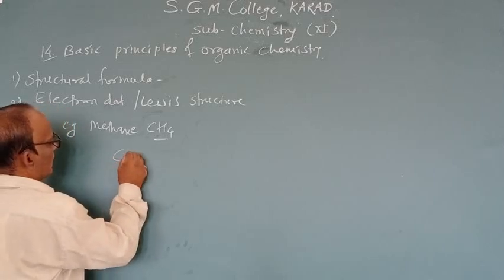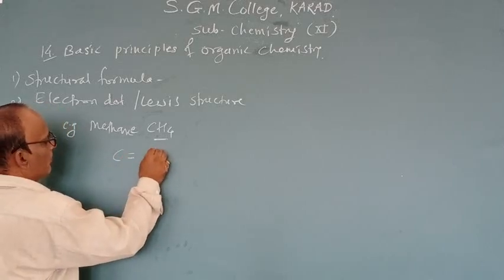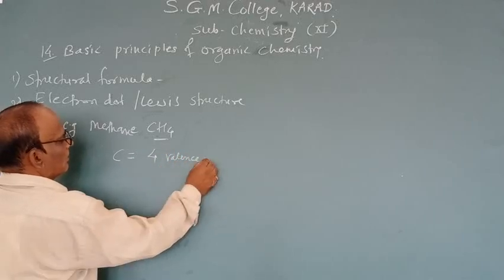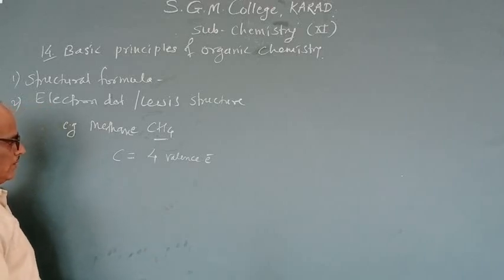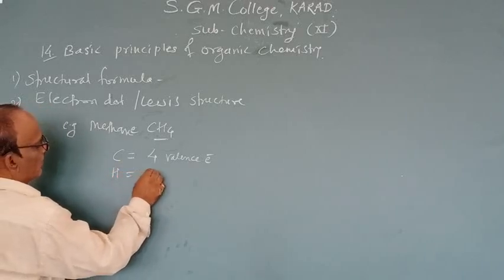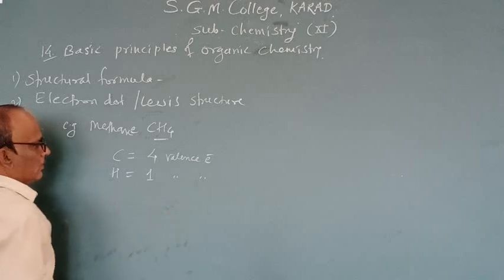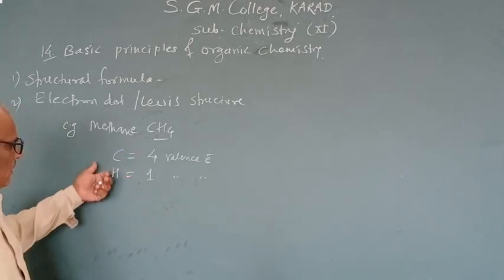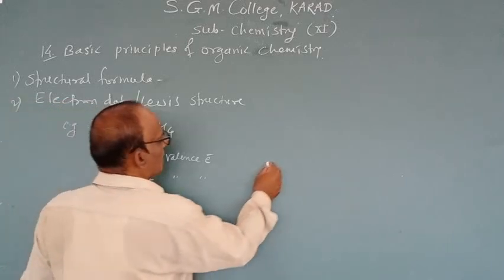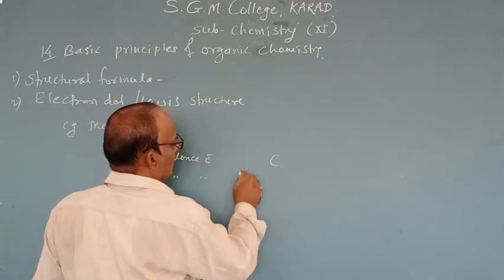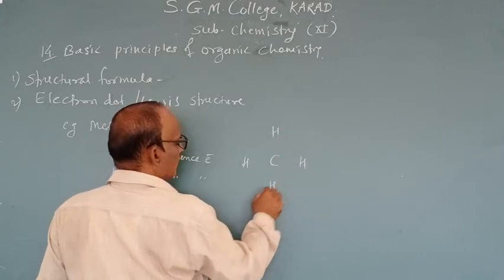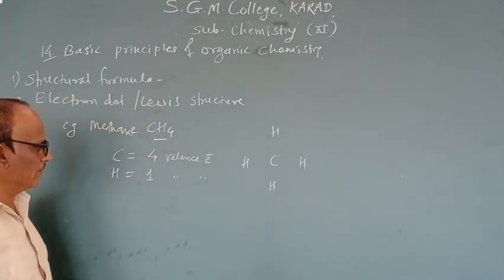We know that carbon has 4 valence electrons, present in the outermost shell, and hydrogen has 1 valence electron. Only these electrons are represented around the atoms. So carbon is at the center, with 4 hydrogen atoms on different sides of this carbon atom.